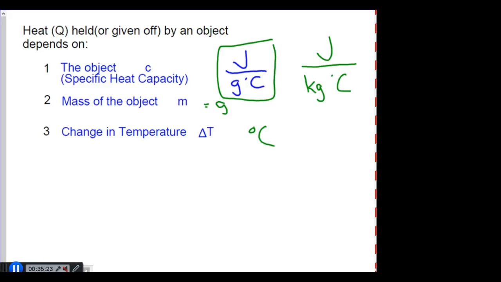Just to let you know, there's two possible tables that you can see. There's other information here, but we're not going to use that for a little bit yet. On the second side of the page, there are specific heat capacities for the three different phases of water: ice, water, and gaseous water in the top three. Those are also popular questions. We will often be working with problems that use water.